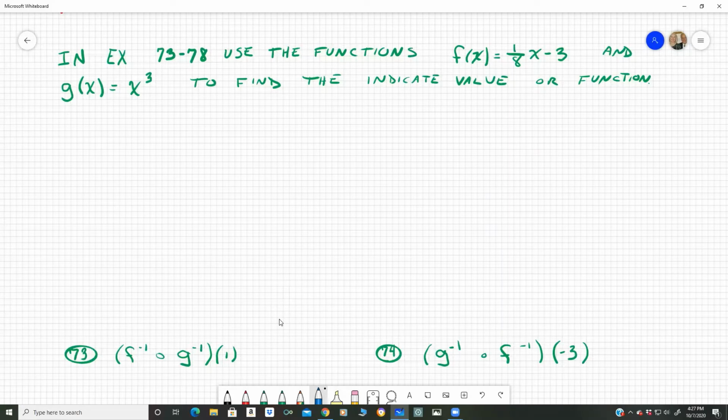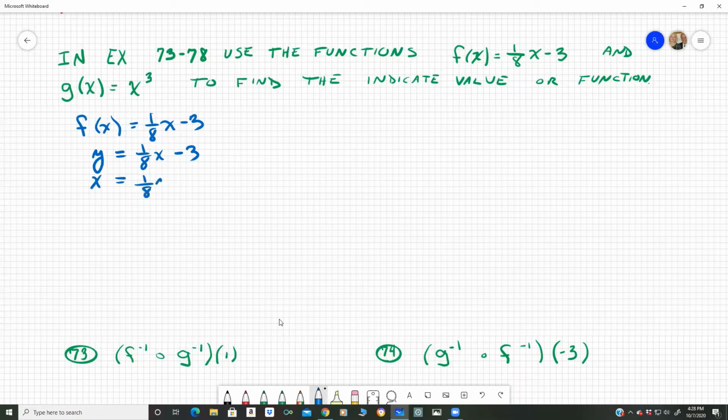As we look at the f function, we know that f of x is equal to 1/8 x minus 3. So we better call this y, because we're going to have to find the inverse, which means we switch the x and the y, and then we solve for y.